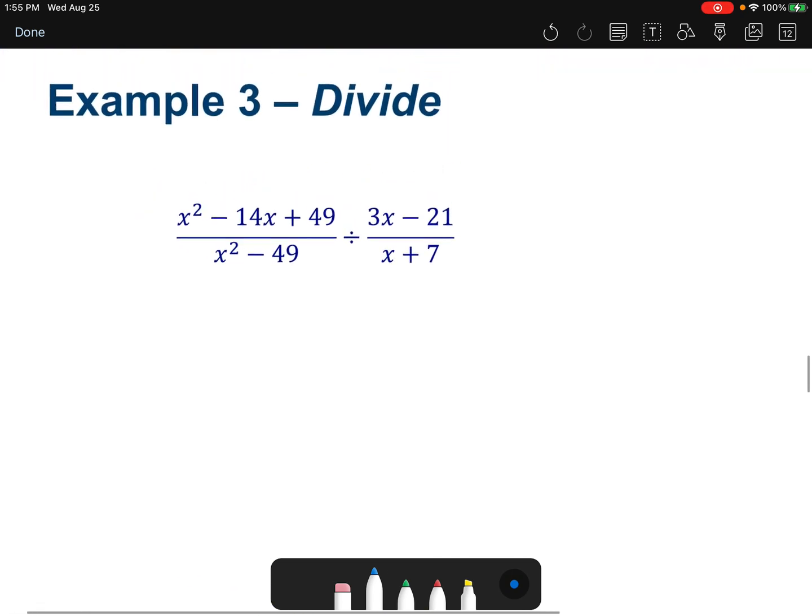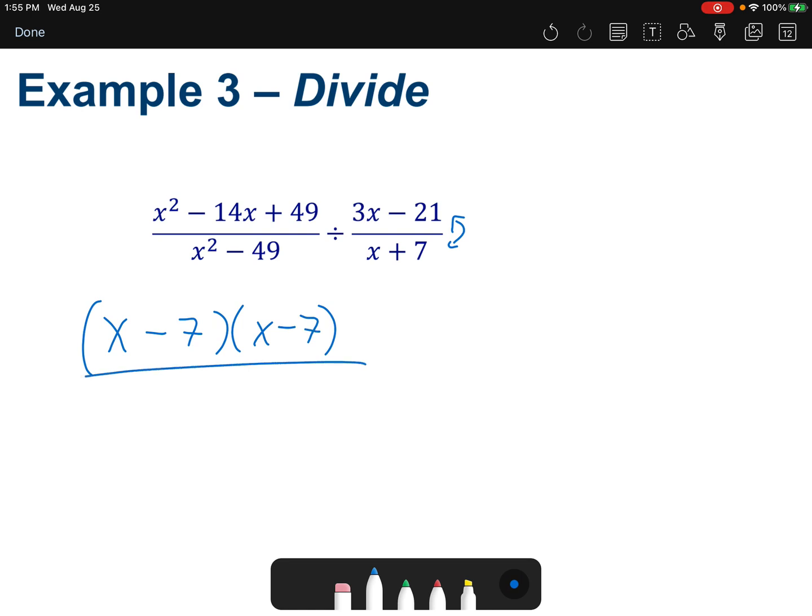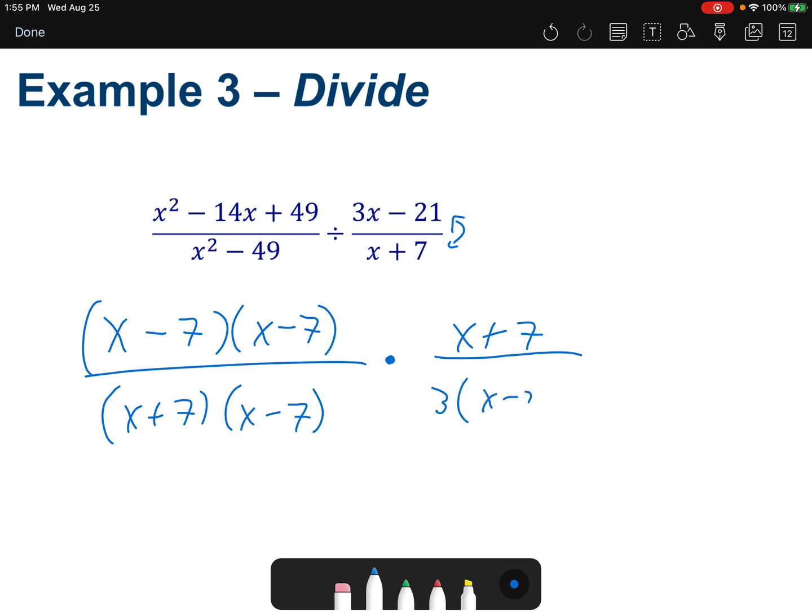Now let's divide. Well, if you recall, when we divide, we multiply by the reciprocal. So all we're going to do is flip those. So if you factor the numerator here, we would have double bubble, let's see, x minus 7 over x plus 7, x minus 7, times x plus 7 would go on top, and then we would factor a GCF out of 3x minus 21, and now we start canceling.